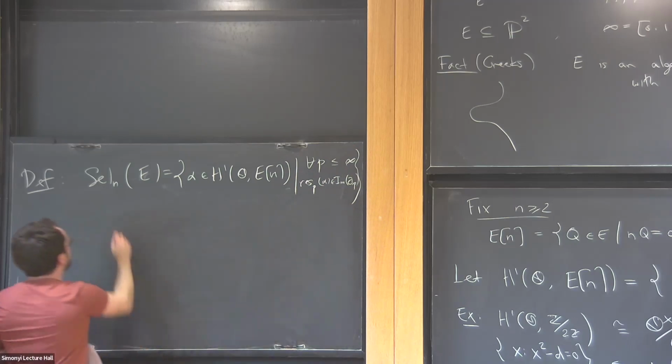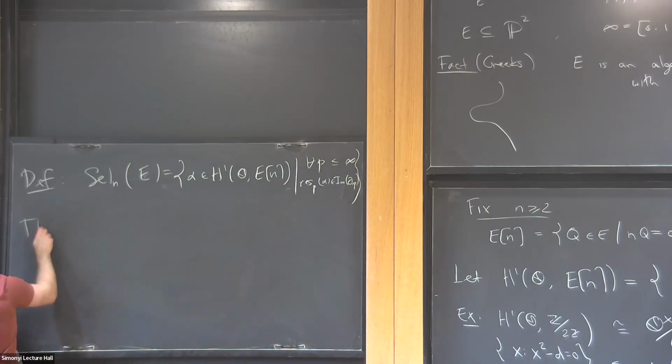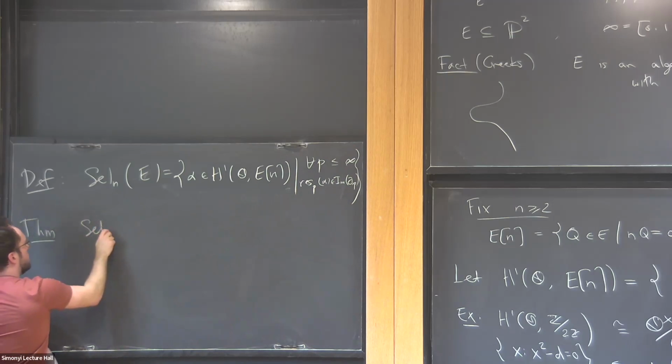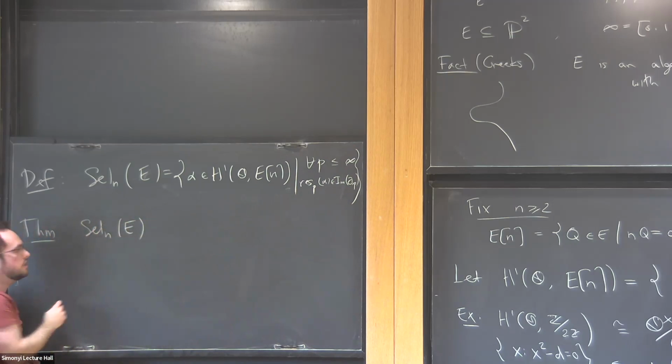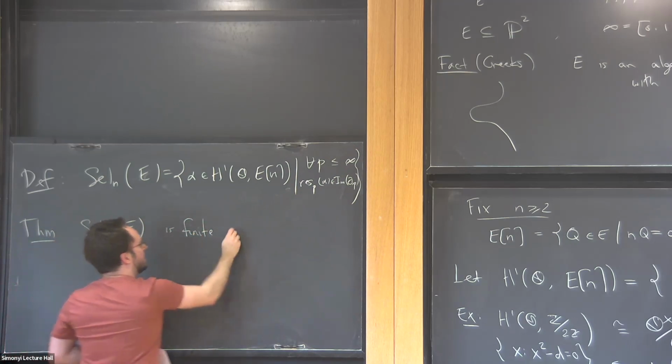This is a subgroup of the bigger H1, but the key point is that it's finite. This bigger H1 is infinite, but this guy is finite. And the even more crucial point is that it's computable.